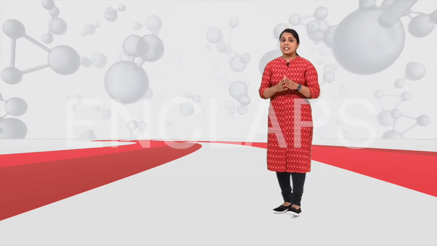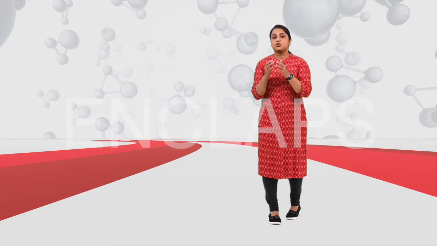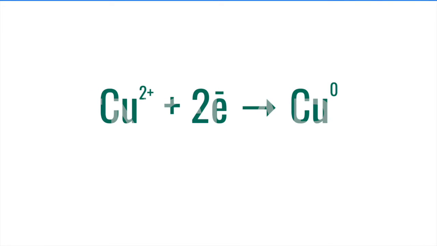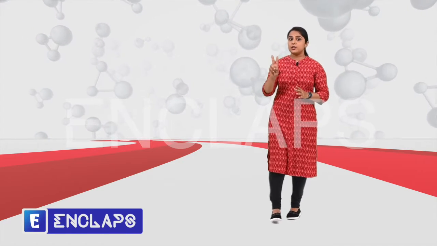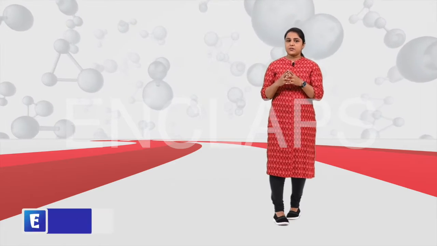So, zinc donates 2 electrons and copper gains 2 electrons. So, copper changes from Cu2+ to Cu, that means from copper ion to copper atom. How? By gaining 2 electrons. From whom? From zinc, right?